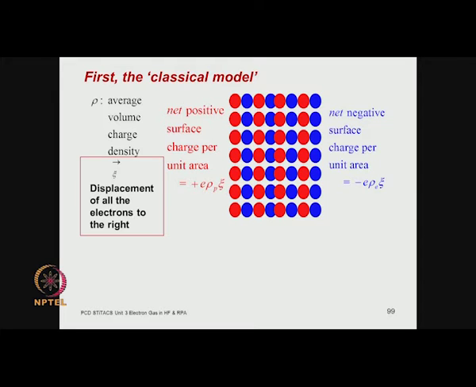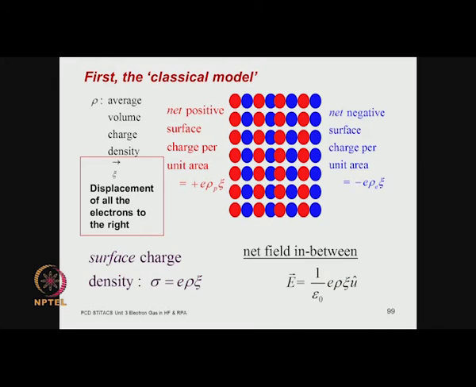With a surface charge density, written here as sigma, which is e rho times xi, you can get from plain classical electrodynamics that the net field in between will be just the surface charge density divided by epsilon 0. That will give you the intensity of the field in between those two regions.